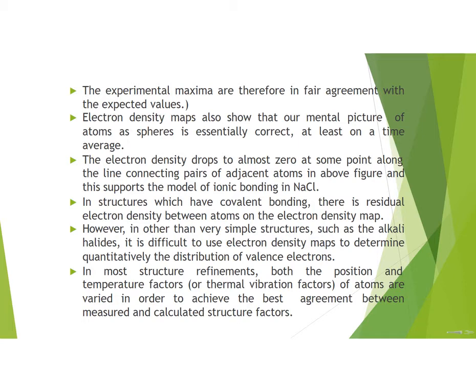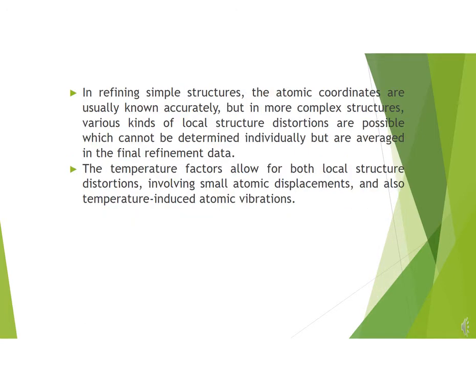And in order to achieve the best agreement between the measured and calculated factors, both the position and temperature factors of atoms are varied. In the case of a simple structure, the atomic coordinates are known accurately, but in the case of a complex structure, these cannot be determined individually but are averaged in the final arrangement.